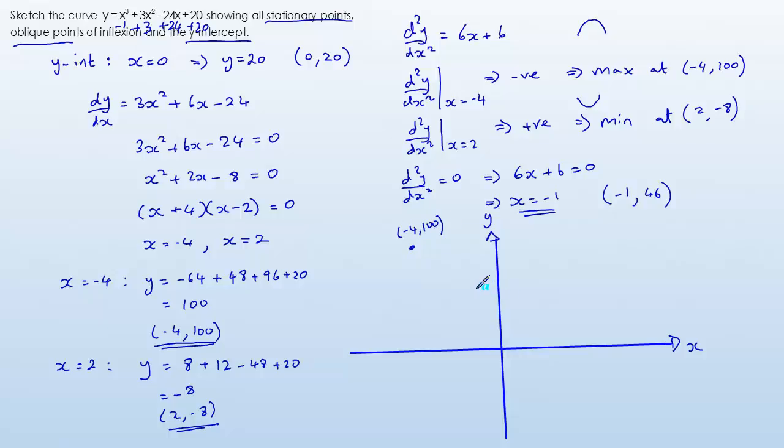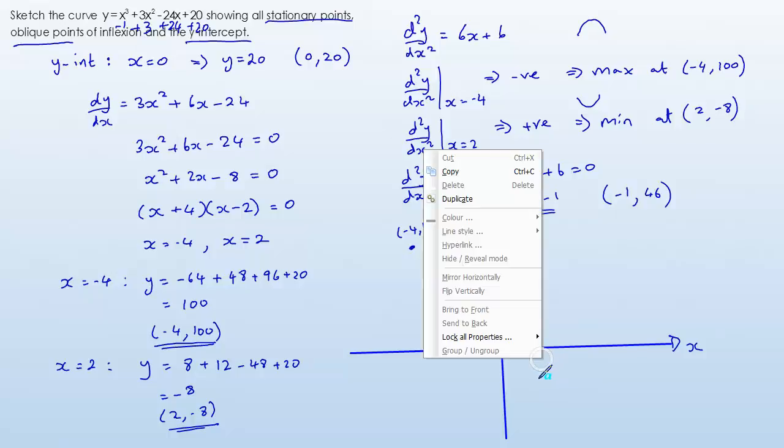And we've got a point of inflection over here, (-1, 46). And we know the y-intercept is (0, 20). We know that we have another stationary point here at (2, -8). So let's say that's here.